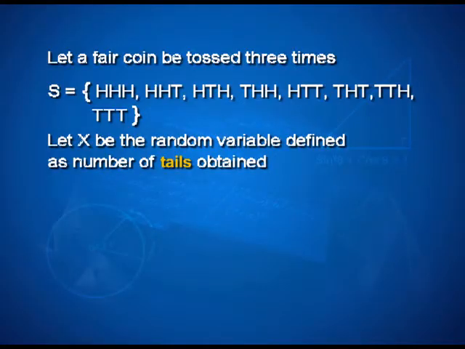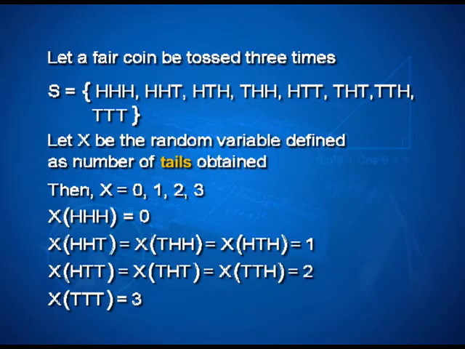But the moment I change x from this definition to the number of tails obtained with the same sample space, the number of values that x takes remains 0, 1, 2 and 3, but now 0 gets associated with HHH, where in our earlier case it was 3 that was getting associated.